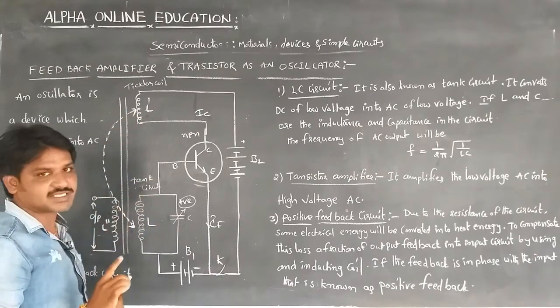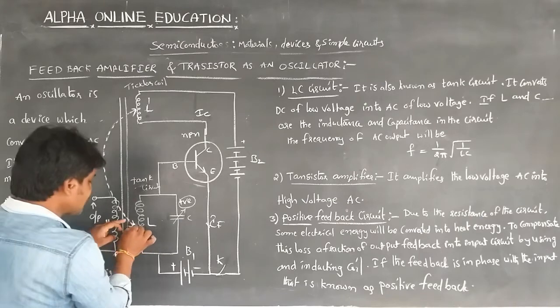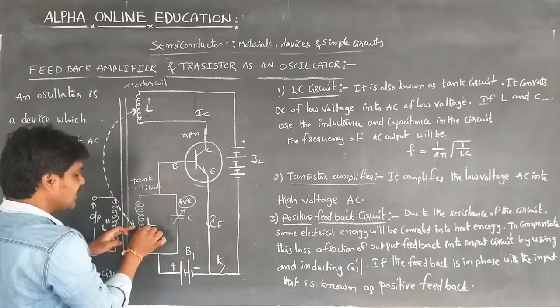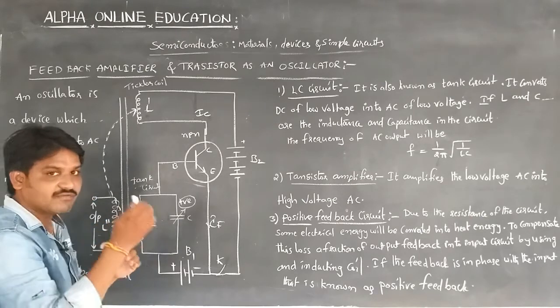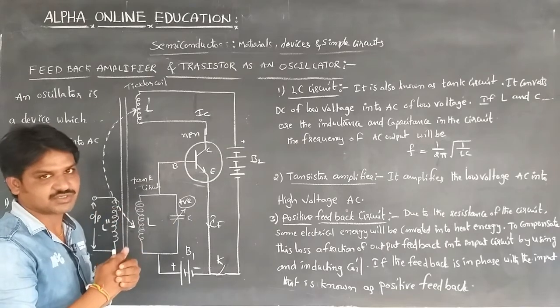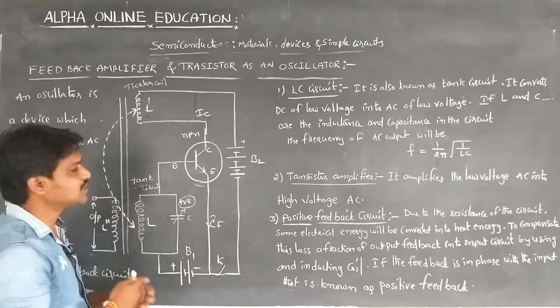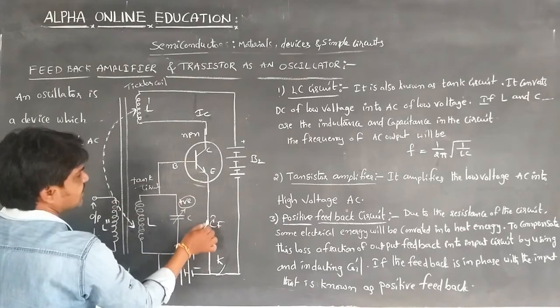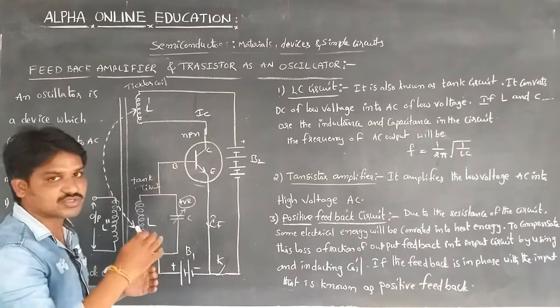Then the inductance L goes on withdrawing charge, decreasing the charge, so the emitter current and collector current also go on decreasing.